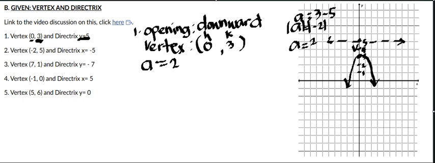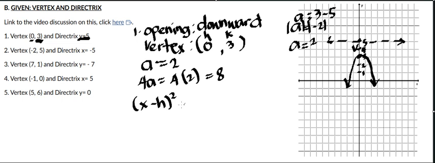Next, moving on to 4a. Our 4a is 4 times our a, which is 2. So we have our 4a as 8. Through there, we can now write our standard form. This is downward, so we start with (x minus h) squared equal to, since downward is facing a negative number, negative 4a times (y minus k).